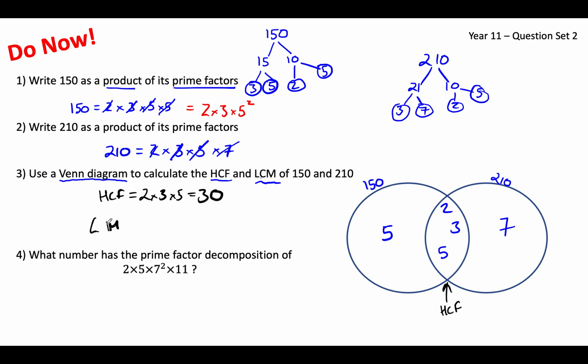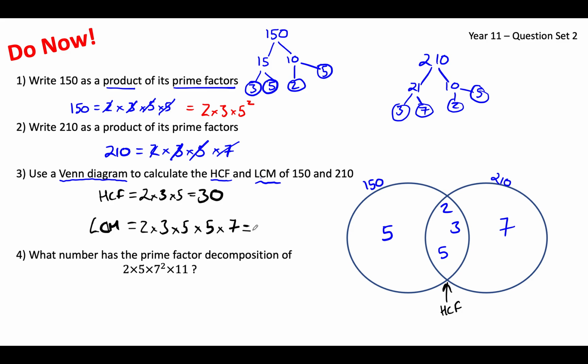But what about the lowest common multiple? Well, that's all of the numbers multiplied together. Obviously, the overlap ones you're only going to use once, even though they come from both numbers. So 2 times 3 times 5, and then we've got another 5 on the left-hand side and another 7 on the right-hand side.